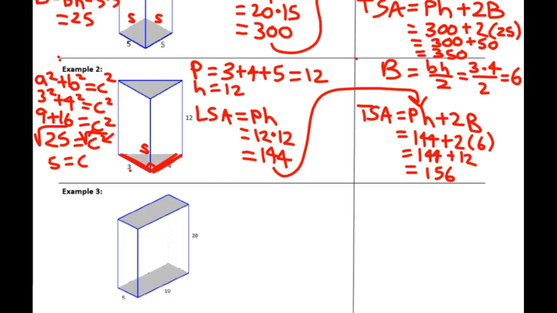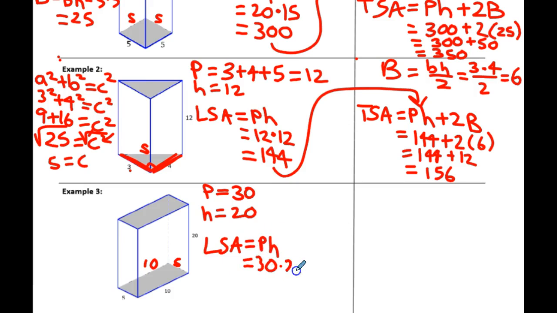So, P, perimeter. If I have 5, 10, 5, and 10, add them up, what do I get? 30. What's the height? 20. LSA equals pH. So that's going to be 30 times 20, which is 600.